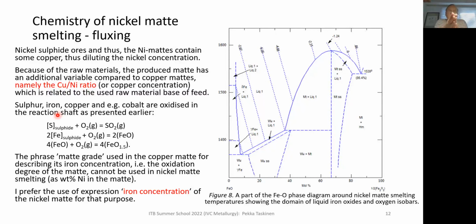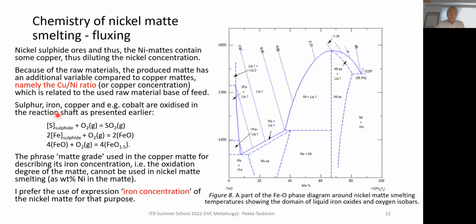It is diluting nickel more than what the nickel concentration would be in a binary nickel sulfur system, and that is why in scientific literature we don't use the same type of variable as used in copper smelting for describing the degree of oxidation of the system.